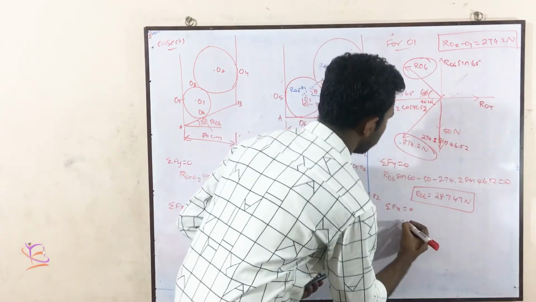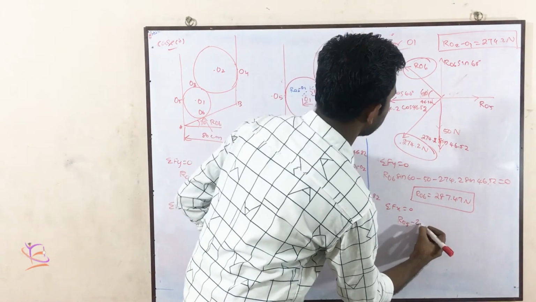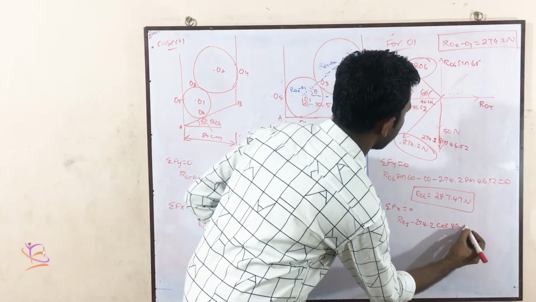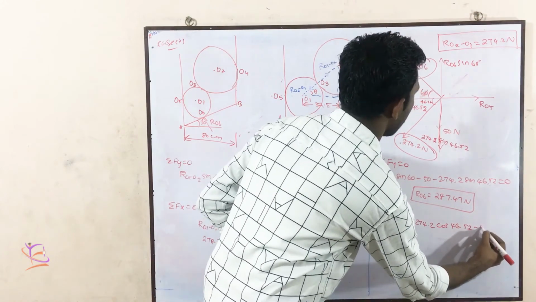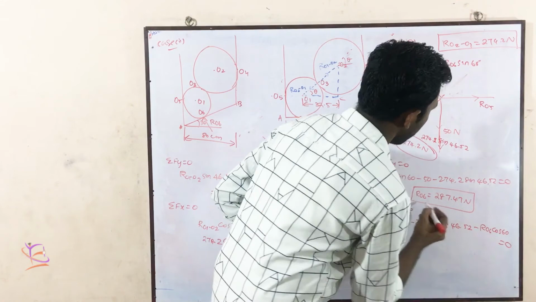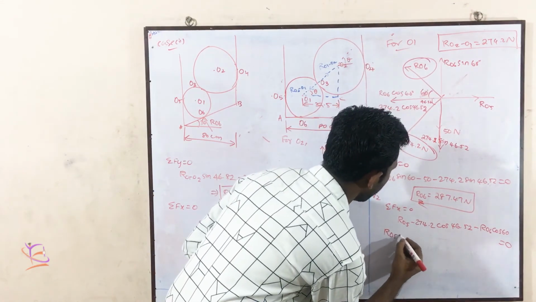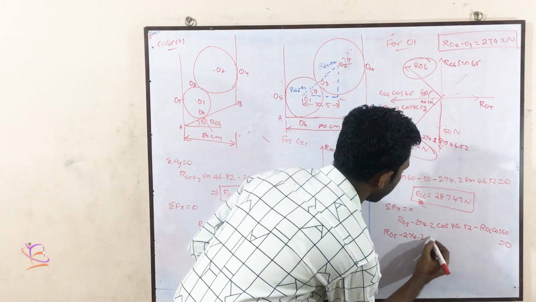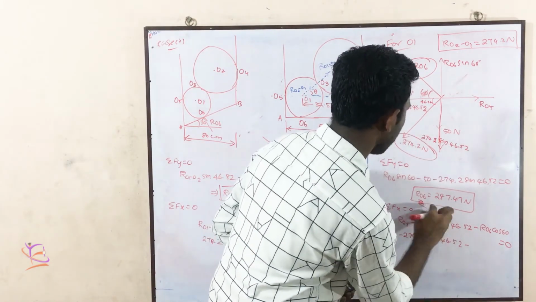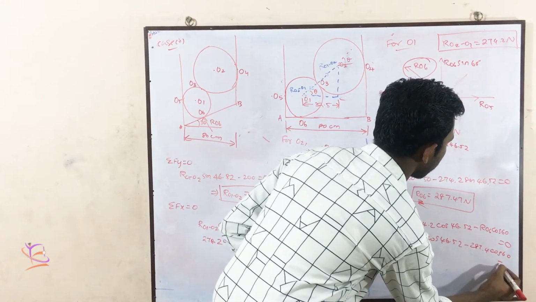Next, summation Fx equal to 0. X-axis, so this is positive. R05 minus 274.2 cos 46.52 minus RO6 cos 60 equal to 0. The RO6 value is here, you can substitute it there. R05 minus 274.2 cos 46.52 minus 287.4 cos 60 equal to 0.